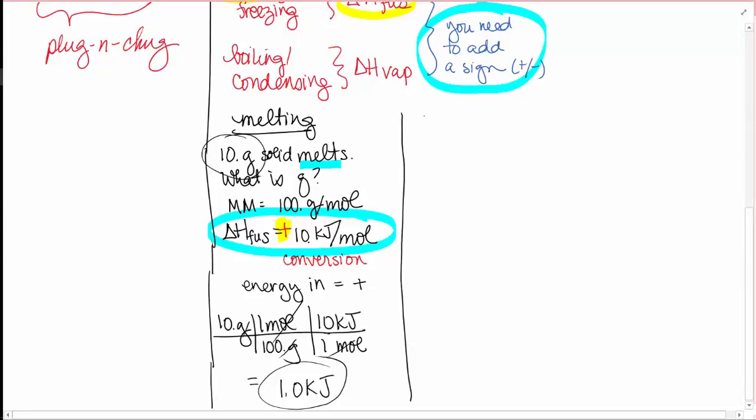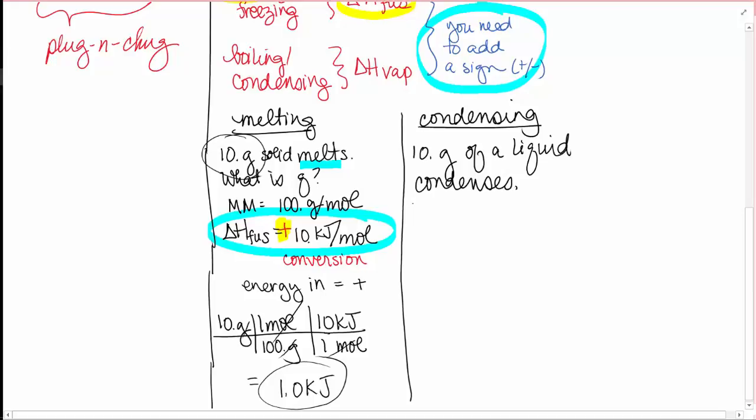Do another example. Condensing. All right, here's an example. 10 grams of a liquid condenses. What is Q? Remember, what is heat flow?